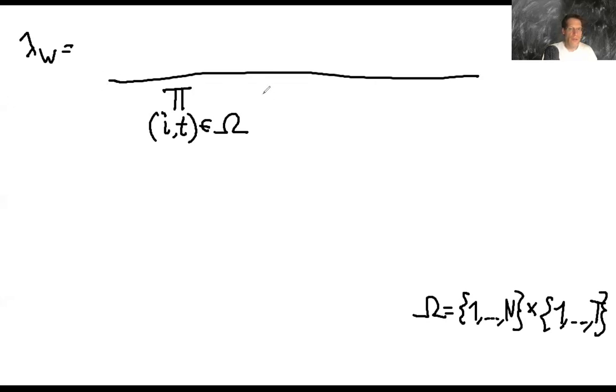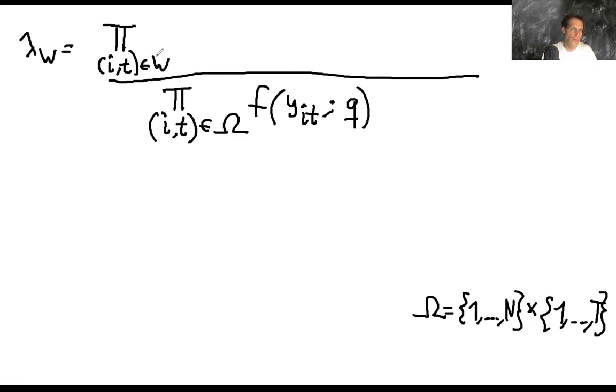So what we will do is we will take the Poisson probability mass function of each observation here, y_it, given that the parameter is the overall q, and that would be sort of our likelihood under the null model. And then you're going to contrast that with what is the likelihood under the alternative, and that would be for those within the cluster.